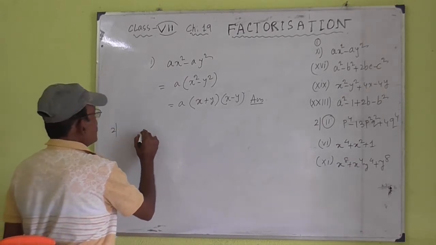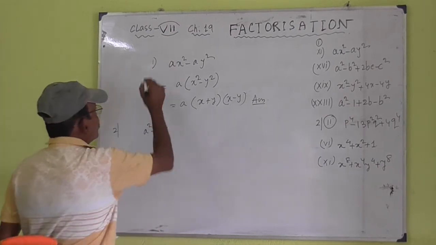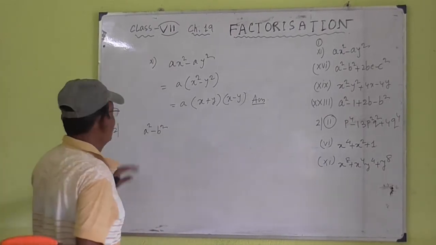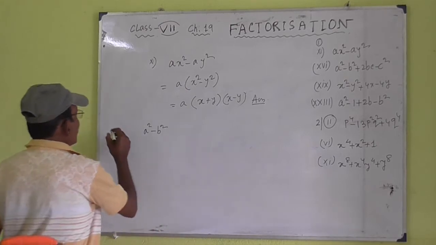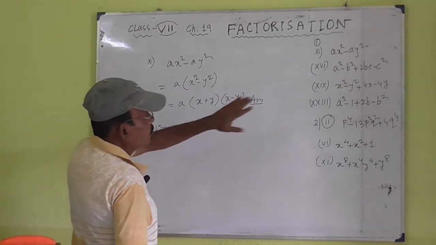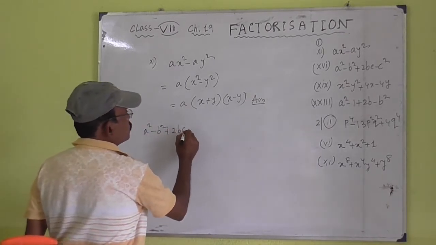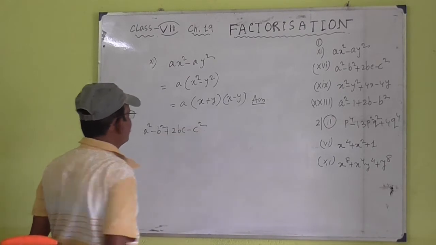The second question is a square minus b square plus 2bc minus c square.